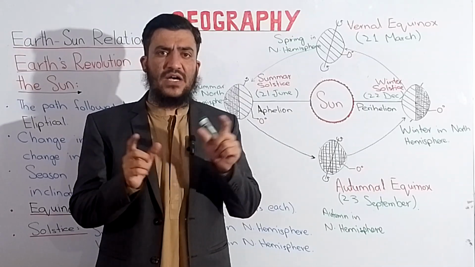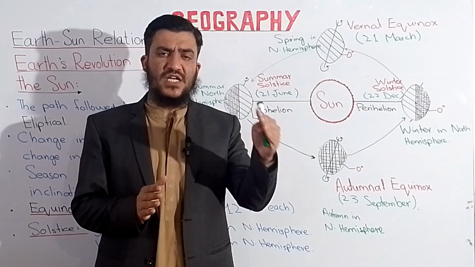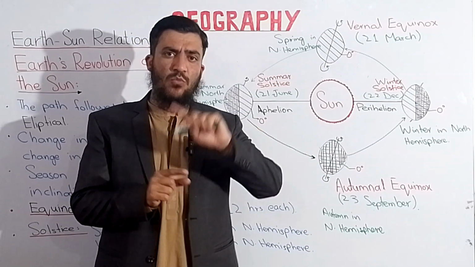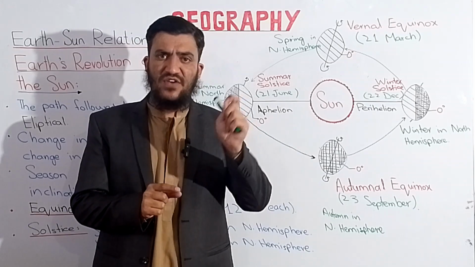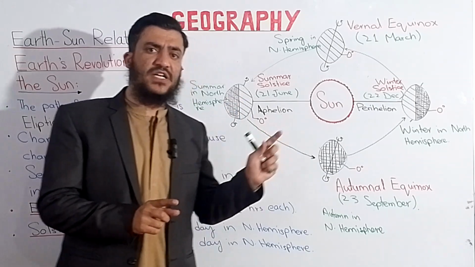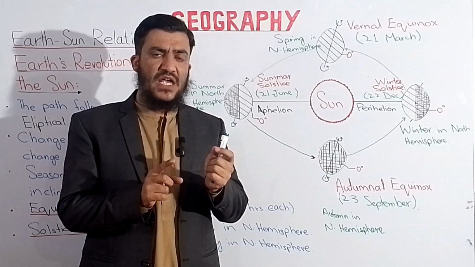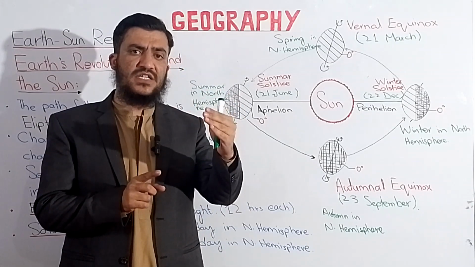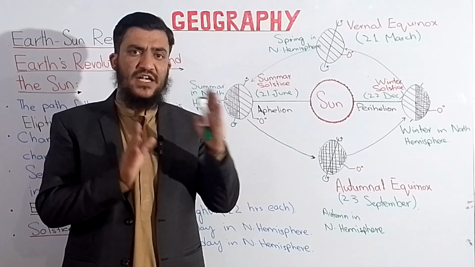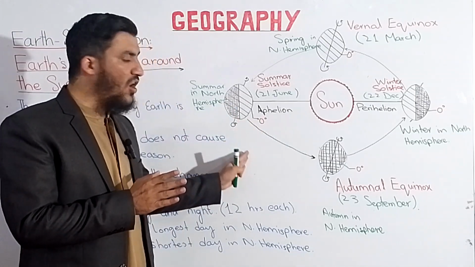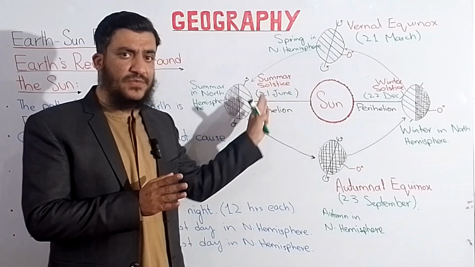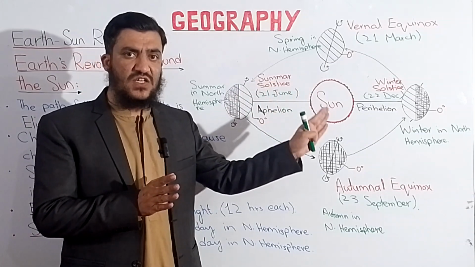So dear students, now we'll understand the relationship of earth with the sun. Earth completes one revolution around the sun in 365 days, as well as one rotation on its own axis within 24 hours. This rotation results in the changes of day and night, while the revolution of earth around the sun results in the change in season.